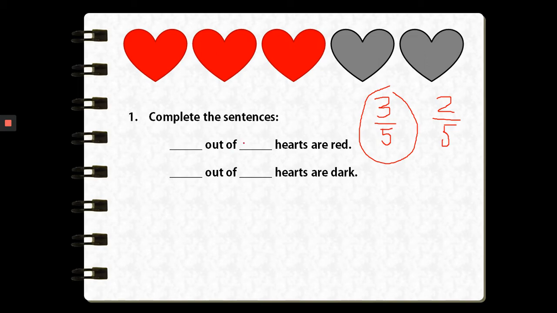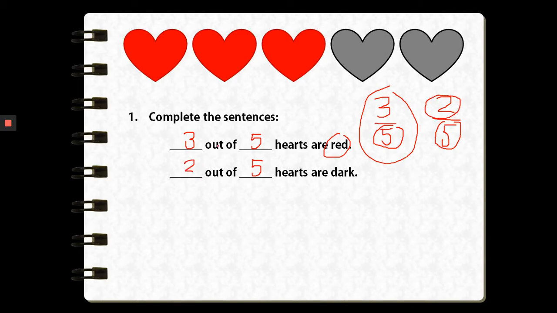So out of means the total. Since the total number of hearts here is 5, then that means out of 5 is the answer here. Okay, because that is the total. Now red hearts, how many are red hearts here? 3. And how many are dark hearts here? 2.